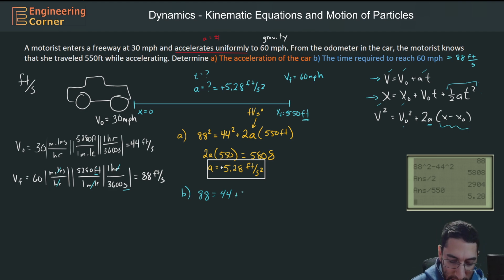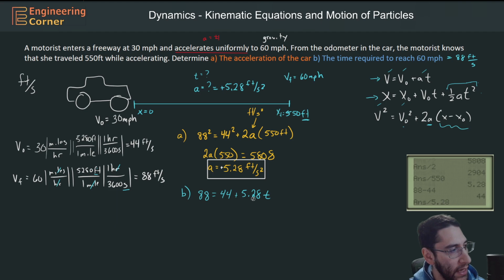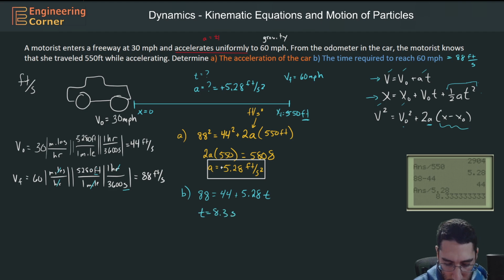My acceleration is this 5.28 times time. Now I can just solve this equation for time. And when I solve this equation for time, I'll have 88 minus 44 divided by 5.28. And I get that it takes me 8.3 seconds to start at 30 miles per hour and accelerate to 60 miles per hour in 550 feet.